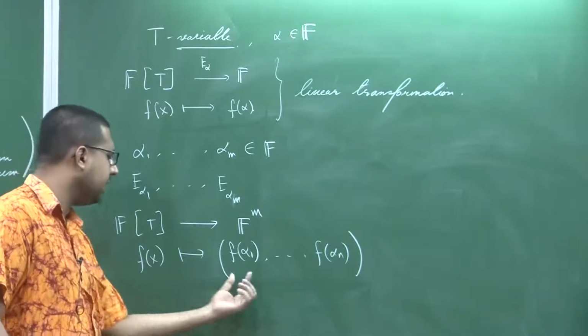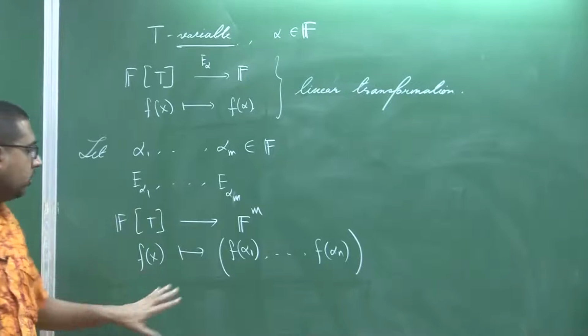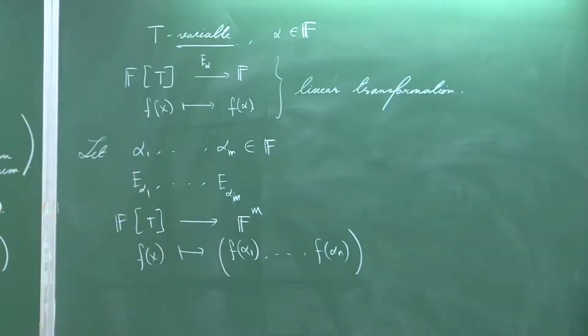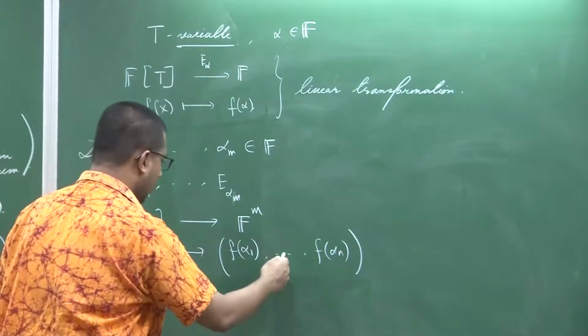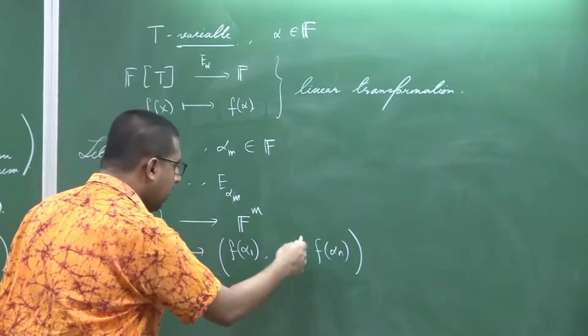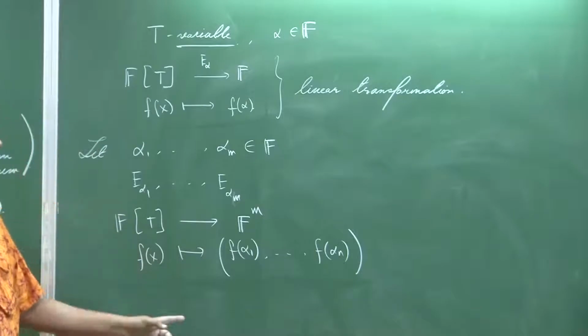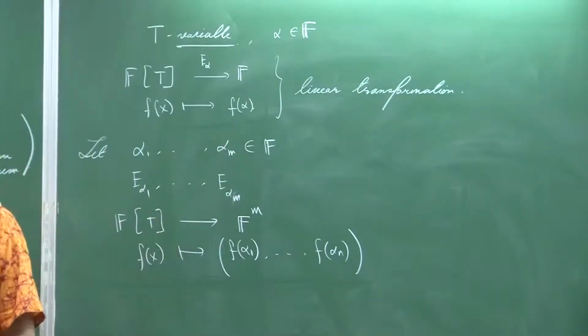What is prevailing here is that if you just stick to one i, then f goes to f of alpha i. Basically, you are only considering the ith coordinate of this map, and for each i we have seen that map is linear.